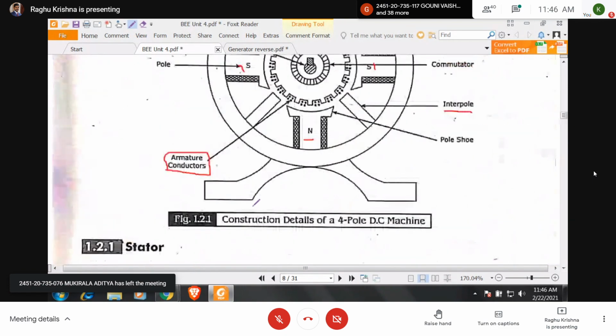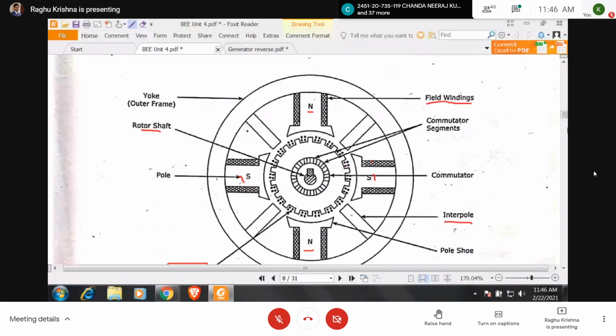So how will the lines of force flow? Coming out of the north pole, this is the direction of the lines of force. Like this, the magnetic circuit will be completed, and you are going to have the magnetic flux.